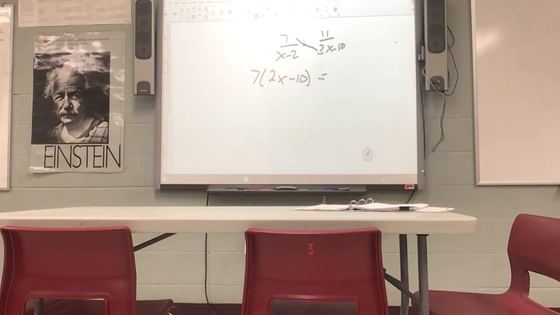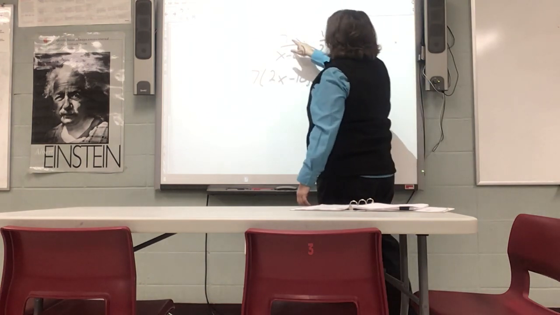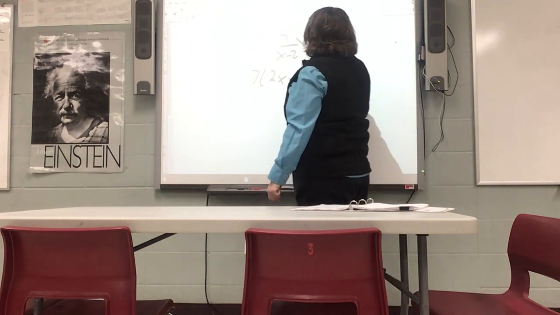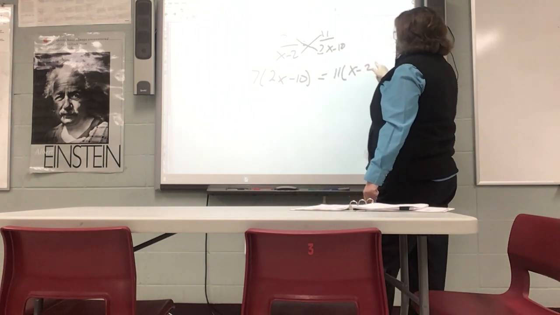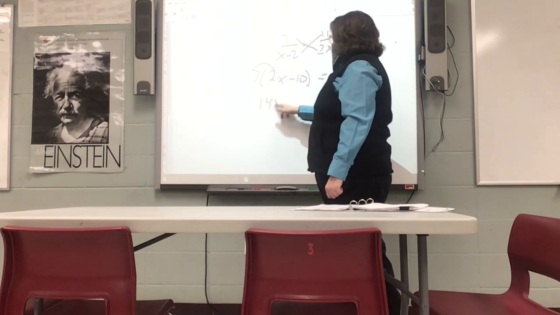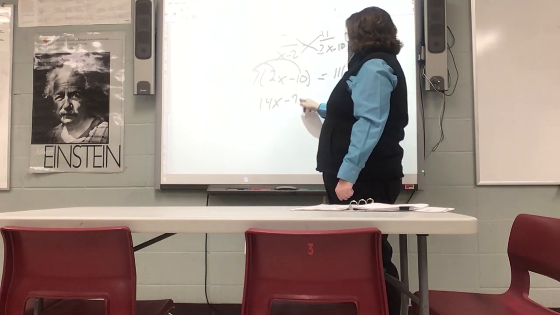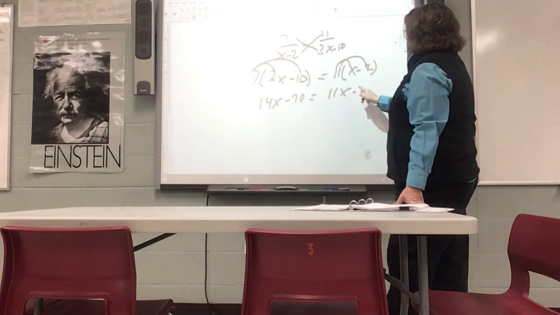Alright, so fraction equals fraction, we set up for our cross multiplying. I'm going to distribute a 7 down here, so I'm going to have 7 times 2x minus 10, and then distribute my 11 down here, so 11 times x minus 2. So you should have had a line that said 14x minus 70 equals 11x minus 22.